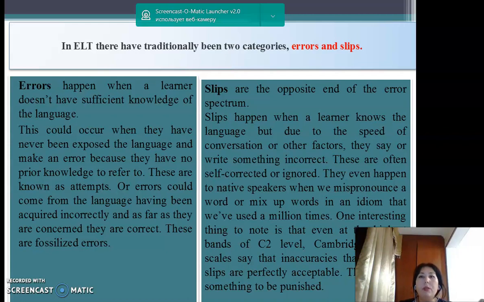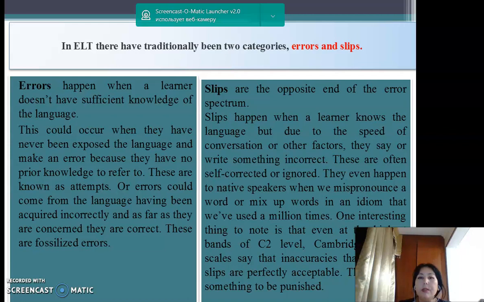Slips are the opposite end of the error spectrum. Slips happen when a learner knows the language, but due to the speed of conversation or other factors, they say or write something incorrect. These are often self-corrected or ignored. They even happen to native speakers when we mispronounce a word or mix up words in an idiom that we've used a million times.